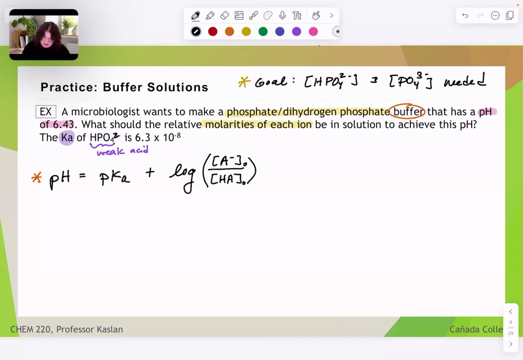So let's see here. What was I given that relates to Ka? I was given Ka, so this relates to pKa. So I need to find my pKa by taking the negative log of my Ka, which is 6.3 times 10 to the negative 8. That is equal to pH. I have a desired pH here for the microbiologist, something slightly less than neutral.